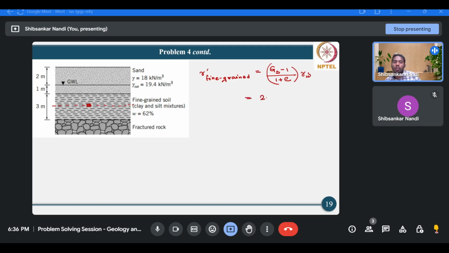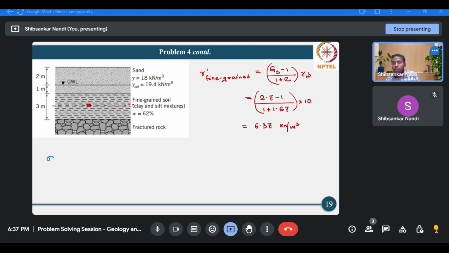So Gs value is 2.7 minus 1 divided by 1 plus 1.67, multiplied by 10. That means 1.7 divided by 2.67, so 6.37 kilonewton per meter cube. So this is the submerged unit weight for the fine grained soil.